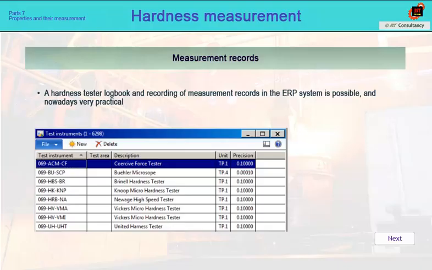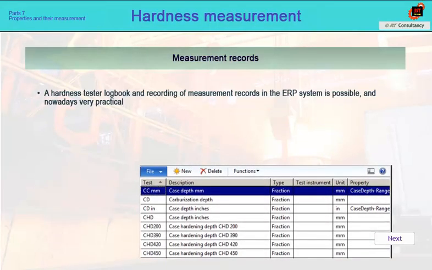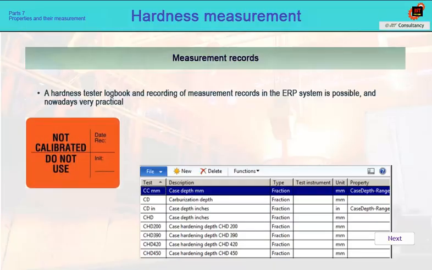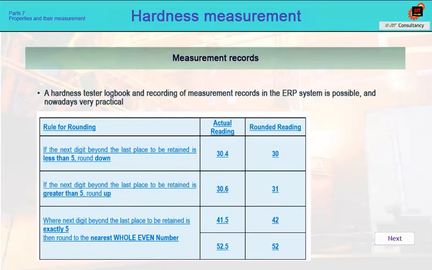If the hardness tester logbook is kept in electronic form in the ERP system, it must be ensured that a hardness tester with an expired calibration period or a hardness tester that has been discarded for any other reason cannot be assigned to the given measurement. Values should be given in the correct format, and according to ASTM E29 to a maximum of 1 decimal place.